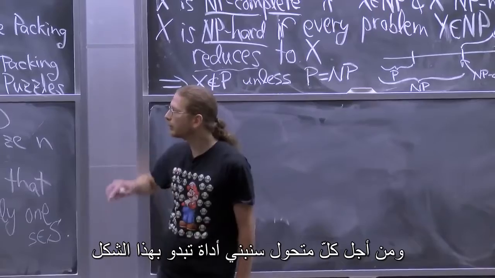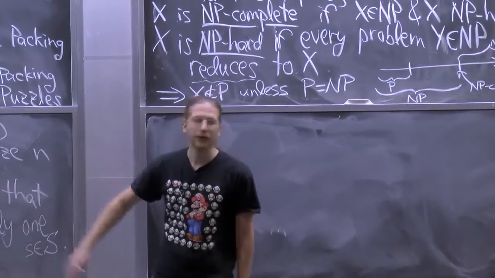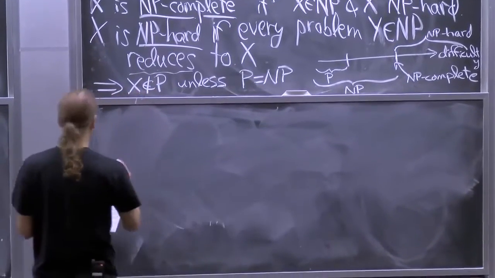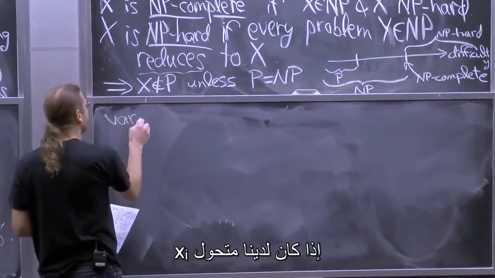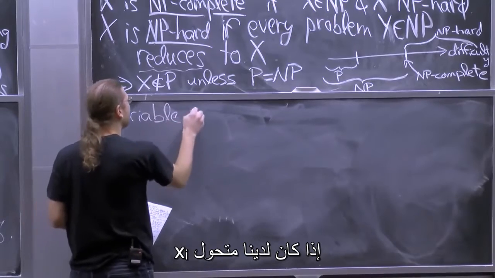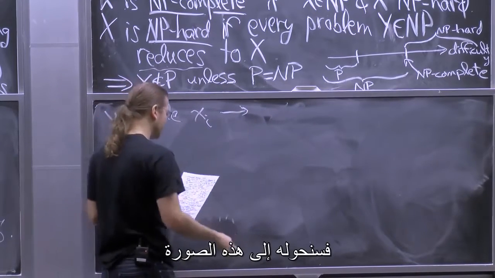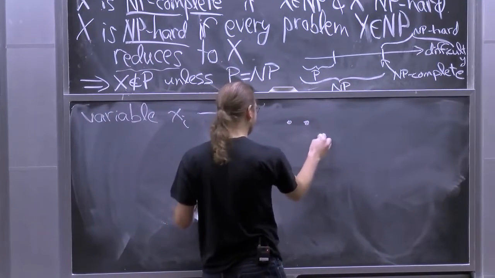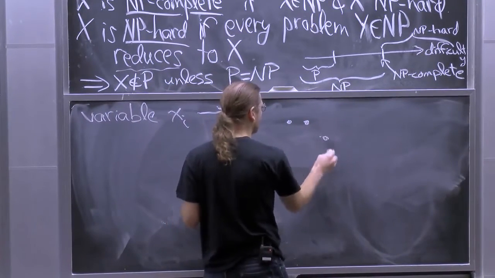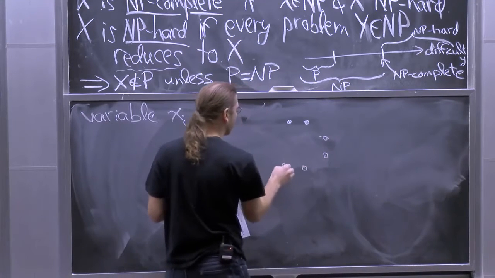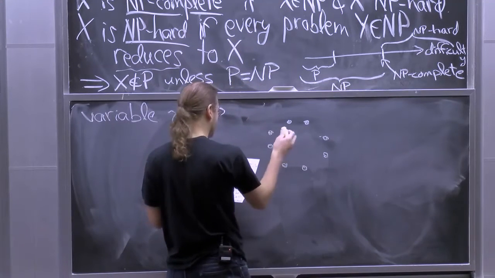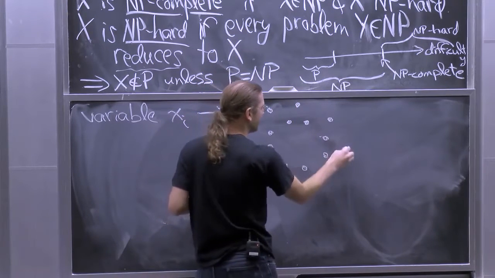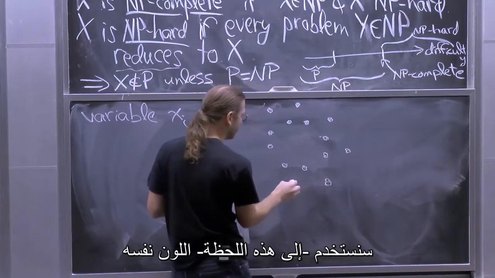For each variable, we're going to build a gadget that looks like this. And for each clause, we're going to build a gadget. So here's what they look like. If we have a variable, say xi, we're going to convert that into this picture. Stay monochromatic for now.